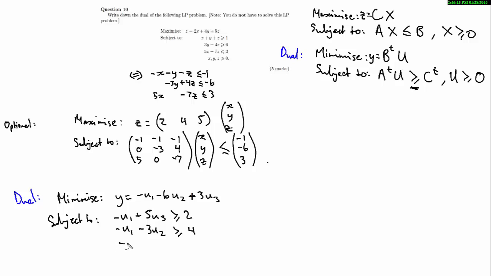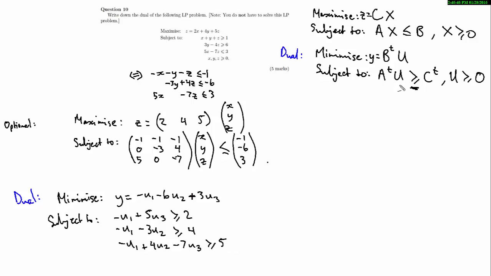And finally, the last constraint again starts off with minus U1, then we have plus 4 U2 and minus 7 U3, and again that's greater than or equal to the final value of our C transpose matrix, and that is 5.